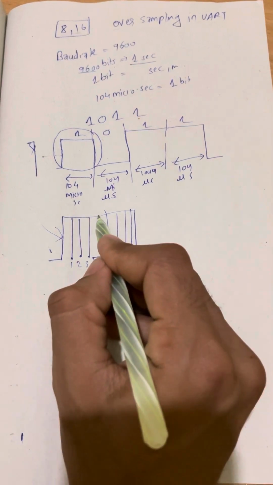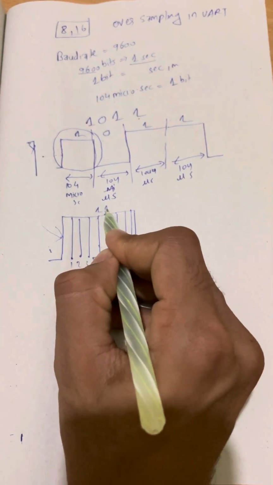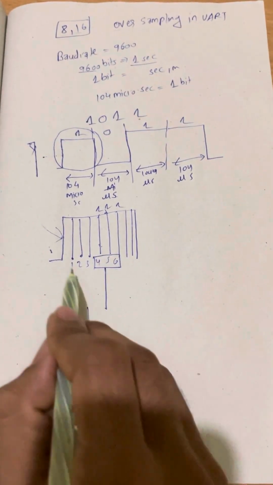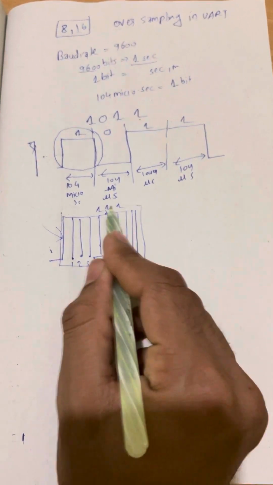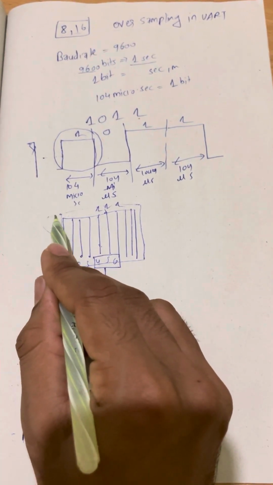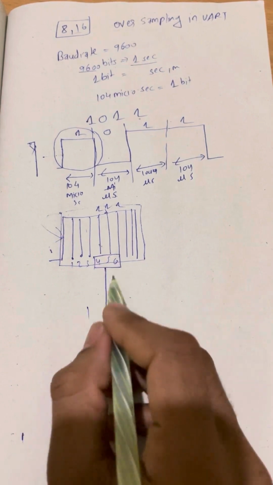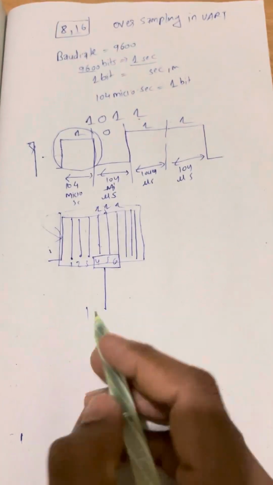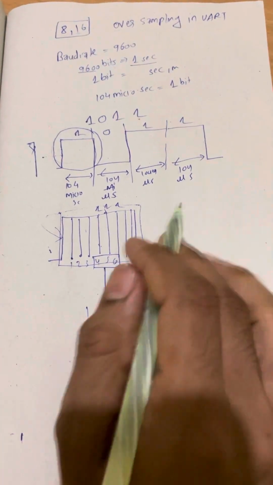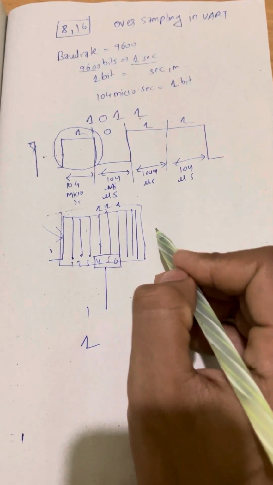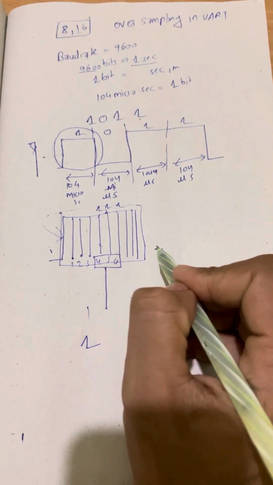And if all these 3 are 1, means at high level, then we will assume the bit that came is not noisy, it is not altered, it is okay, means we will assume that our bit that came is 1.